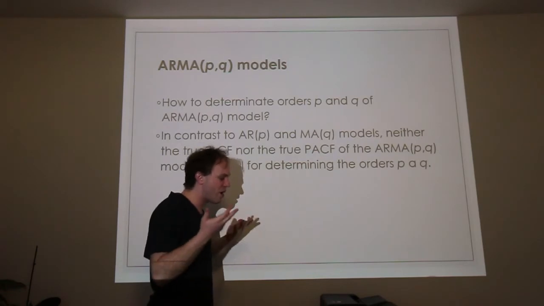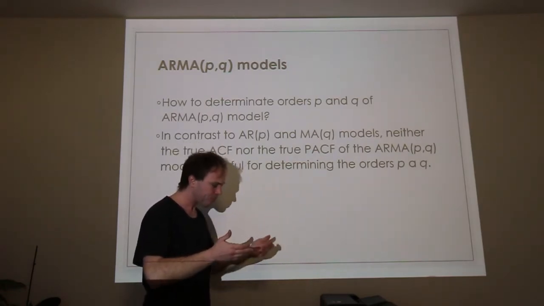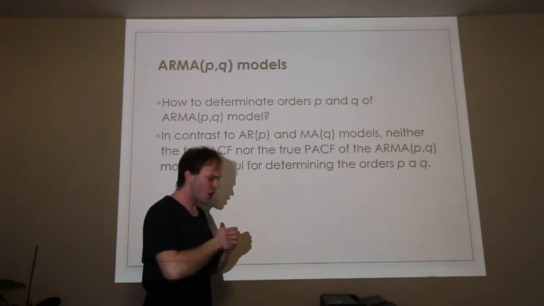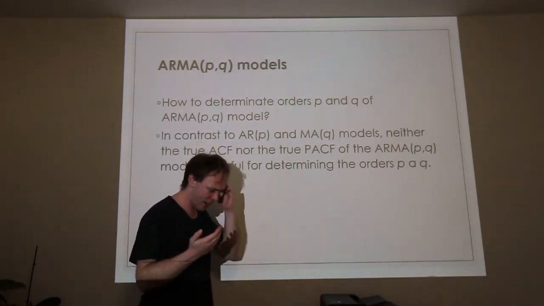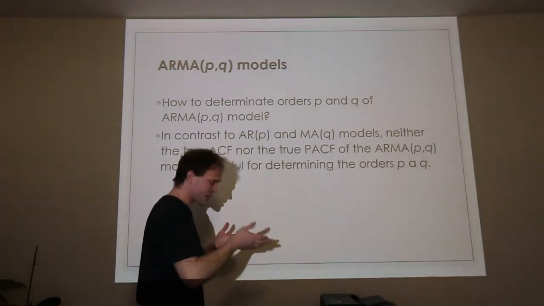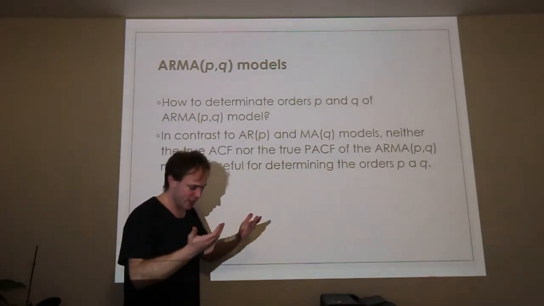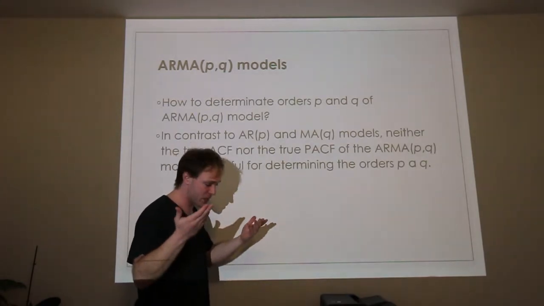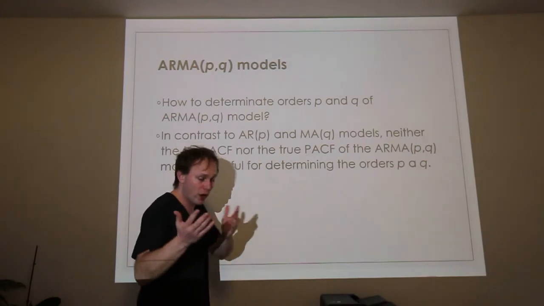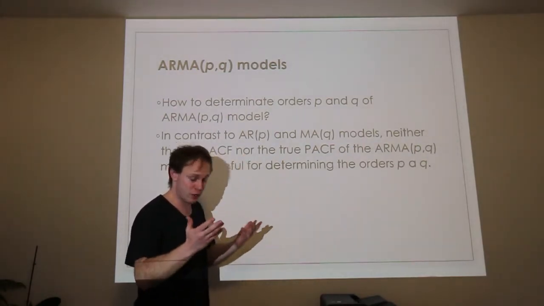Because if we have a significant autoregressive part and a significant moving average part, it's possible to observe significant exponential decreasing of columns of the autocorrelation function and also the partial autocorrelation function.